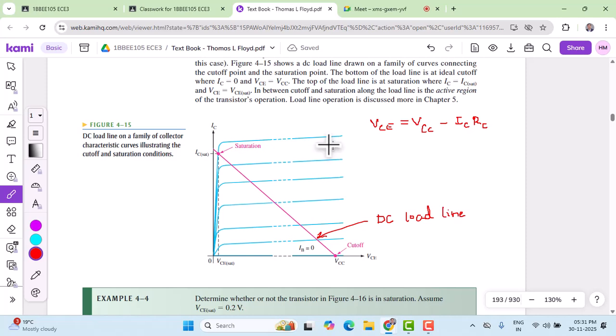The product of that is nothing but this curve between B and C.